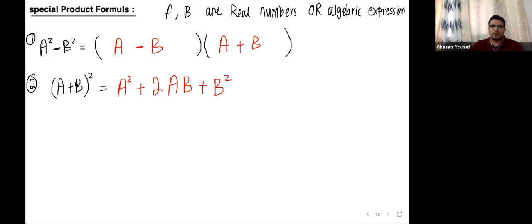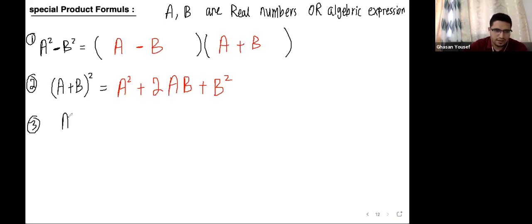It is not equal to a squared plus b squared. If you write that in the exam, it is wrong. You should also write 2 times ab, 2 times the first term times the second term.